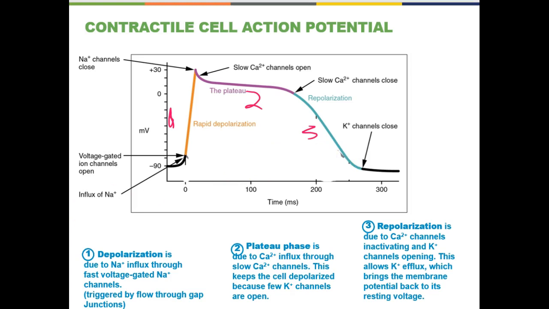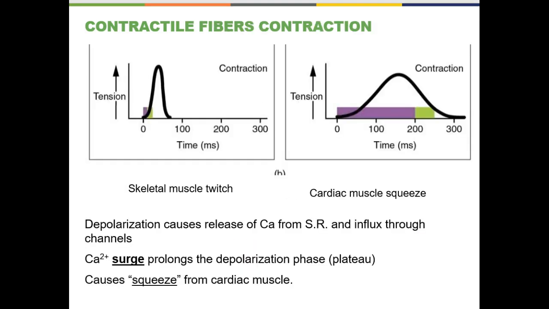Now, when considering cardiac muscle cells, we do have to understand the special role that the calcium channels play, which makes your heart electrophysiology and heart contractions different than skeletal muscle contractions. So don't worry about this first bullet point here.